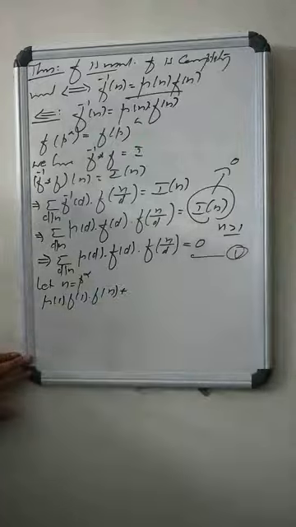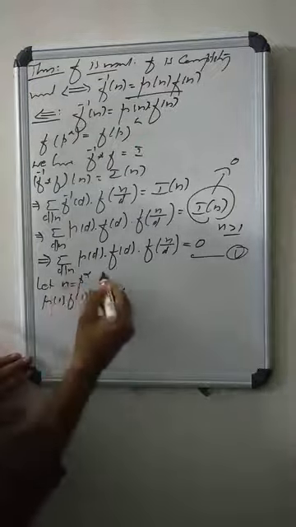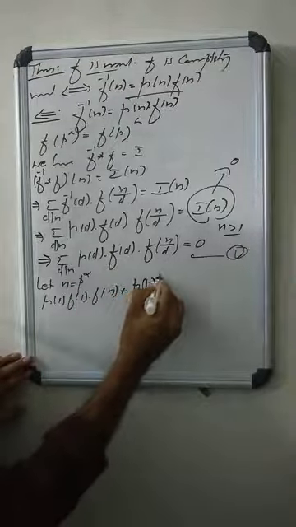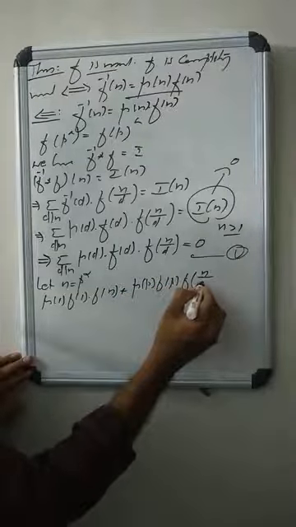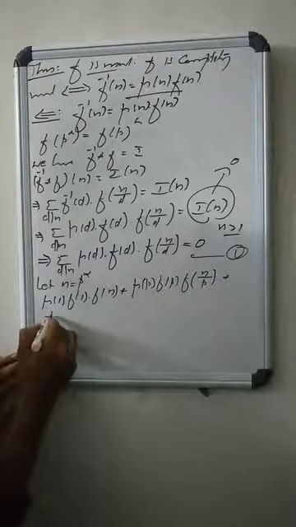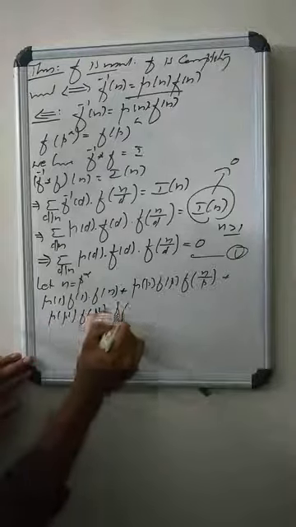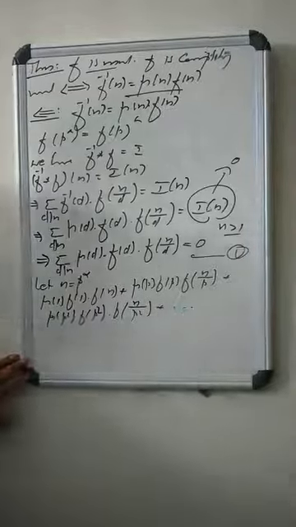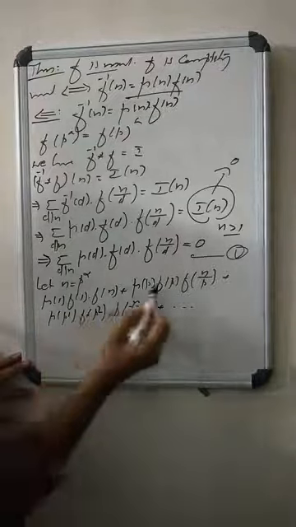Next, the possibility d is p: mu of p into f of p into f of n by p, plus the next term, mu of p square into f of p square into f of n by p square, plus etc. The next terms vanish.